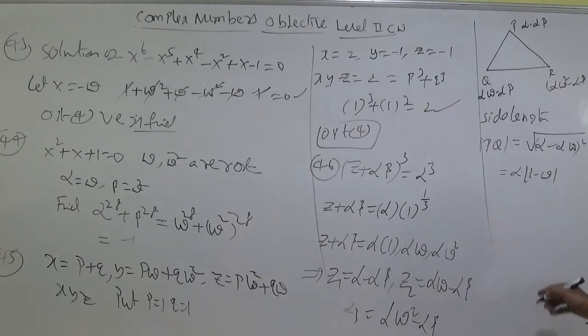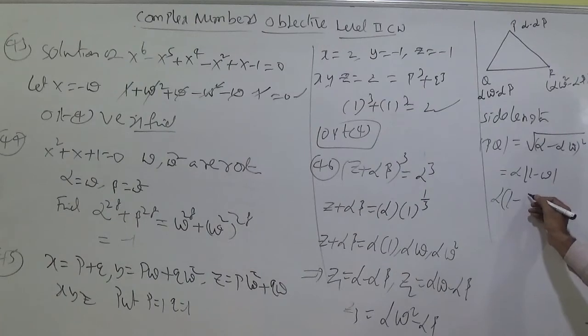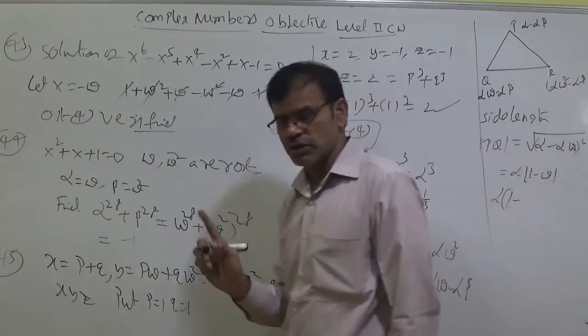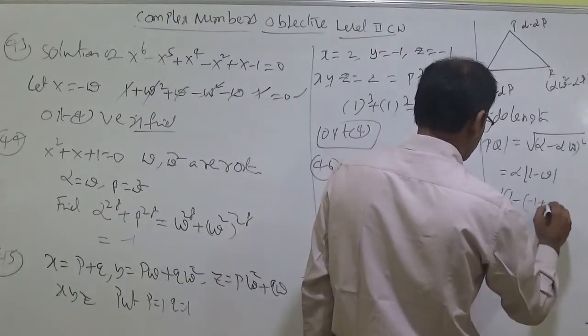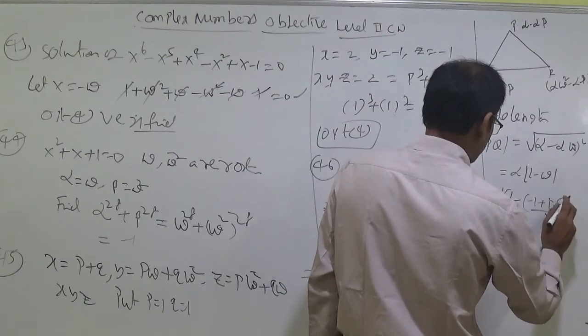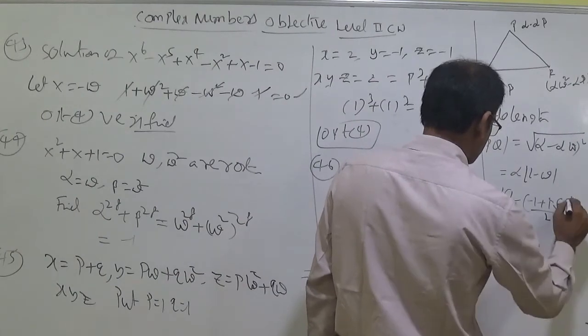Root means here modulus of 1 minus omega. Why did I write modulus of 1 minus omega? Because this is a complex number. Omega is minus 1 plus i root 3 by 2. 1 minus omega we got, 1 minus of minus 1 plus i root 3 by 2.